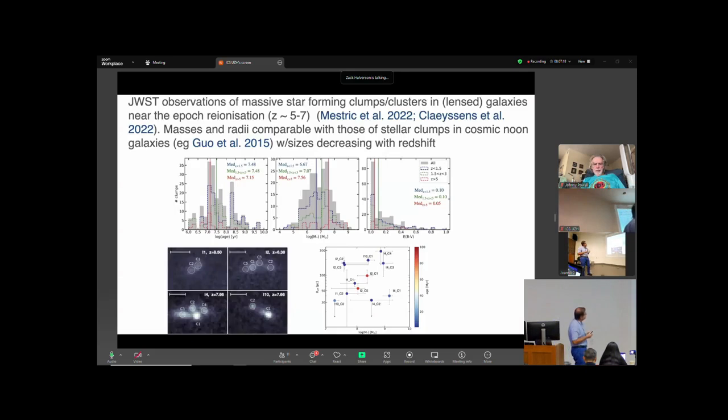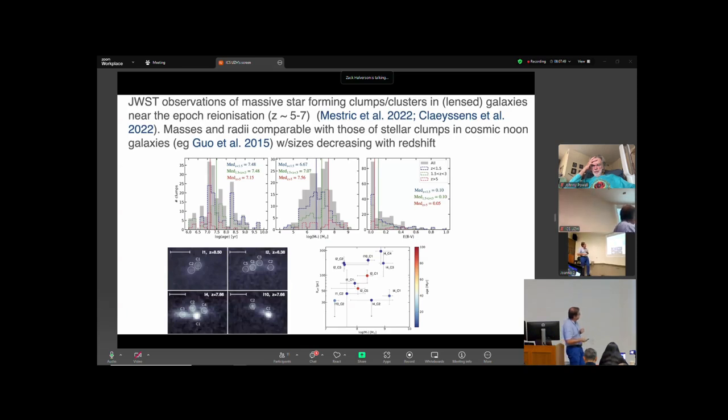Already in the first couple of years after JWST came online, there were several discoveries of clumps, star-forming clumps, or massive clusters, if you want, in lensed galaxies that essentially extended what we knew already about clumpy galaxies at cosmic noon. These are examples of some works that were published very soon after the JWST observations were done, in the redshift regime between 5 and 7.5, even some around redshift 8.